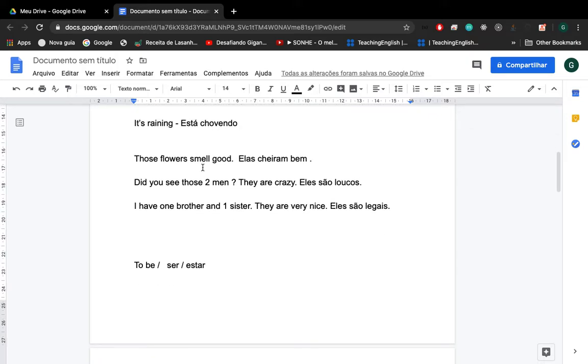So to help you consolidate the principle of gender, "those flowers smell good." In Portuguese, flowers have gender. Flowers are female in Portuguese. So if I'm going to translate this sentence, I'm going to say "elas cheiram bem." Who's elas? The flowers.